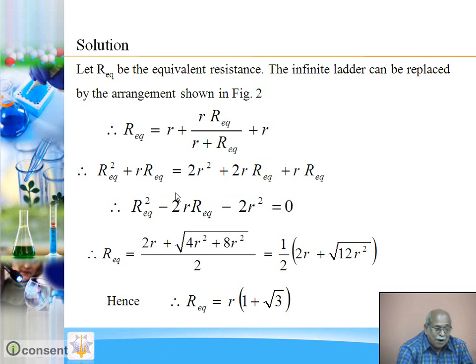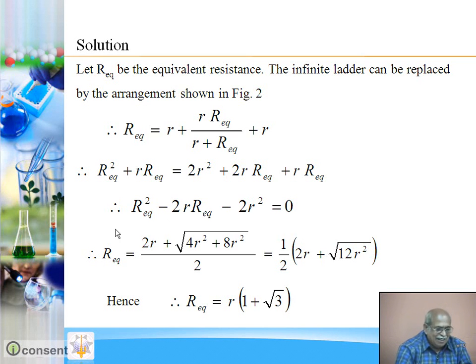Yes, you get a quadratic equation. There is a term in R square, there is a term containing Req, and there are some terms not containing Req. Rearrange the quadratic equation. What you get is Req square minus 2R into Req minus 2R square is 0. Use quadratic formula.